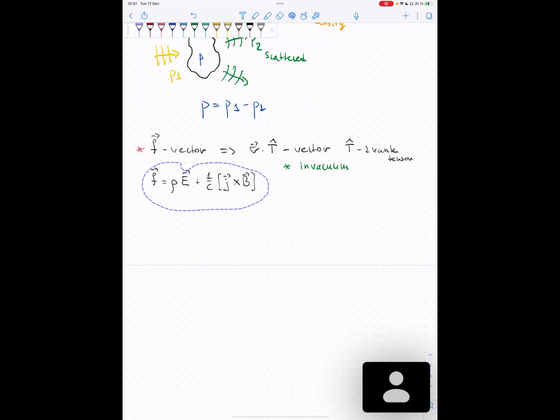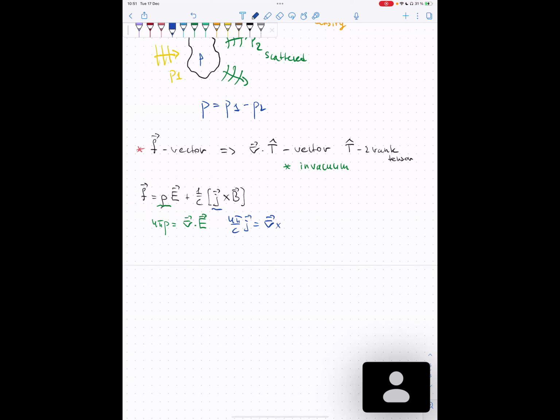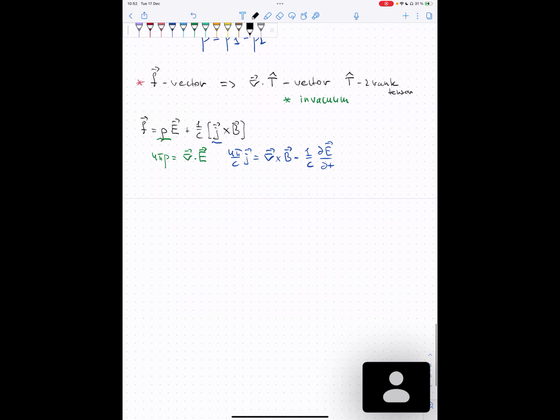From Maxwell equations, we remember that rho is actually the divergence of the electric field over 4 pi, and j over c is actually the curl of the magnetic field minus 1 over c times the derivative of the electric field.